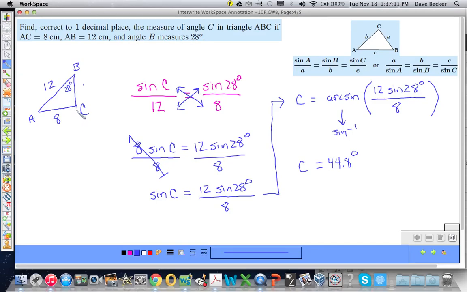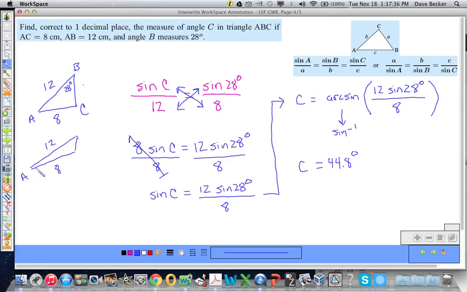let's see. The other possibility is that if you can imagine, if this is 44.8 degrees, can you imagine if I drew triangle ABC maybe like this? Is it possible? All I know is that this is 12. This is 8 right here.